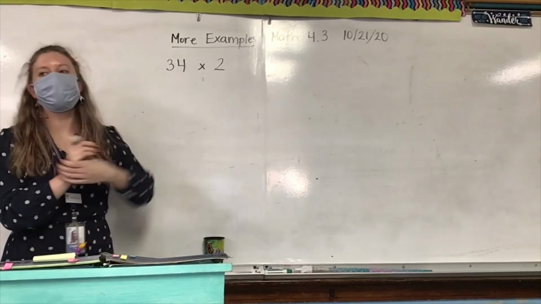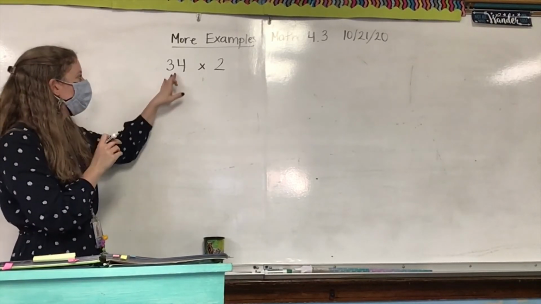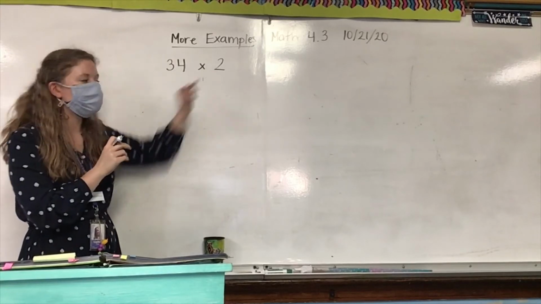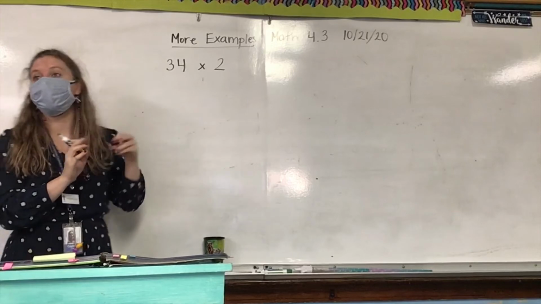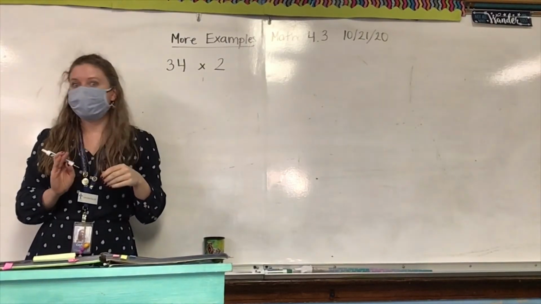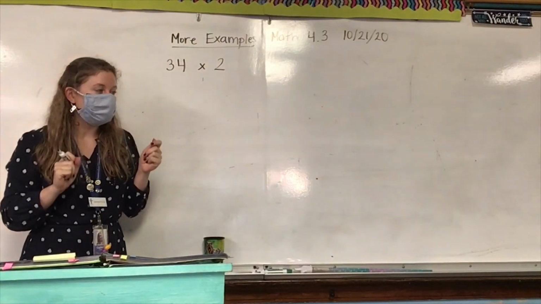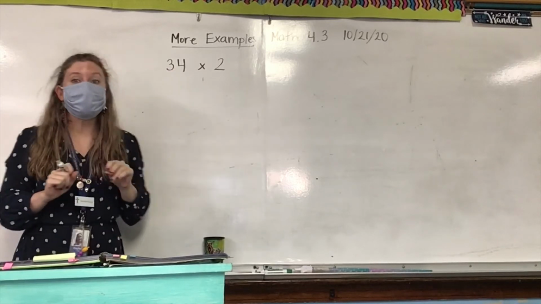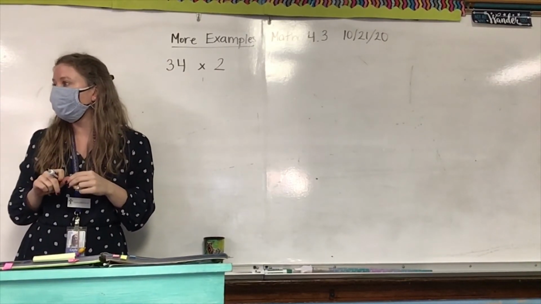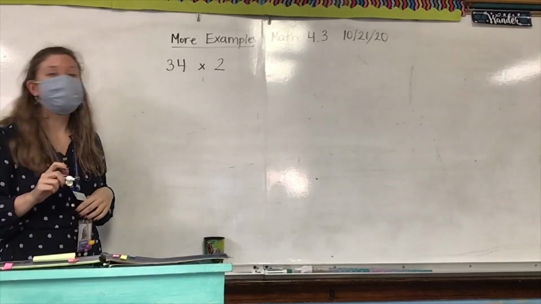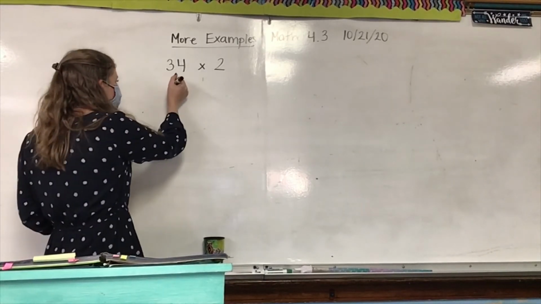Does that mean I model 34 with base 10 blocks, or do I model 2? I model 34. What does 34 look like with base 10 blocks? 3 ten rods.